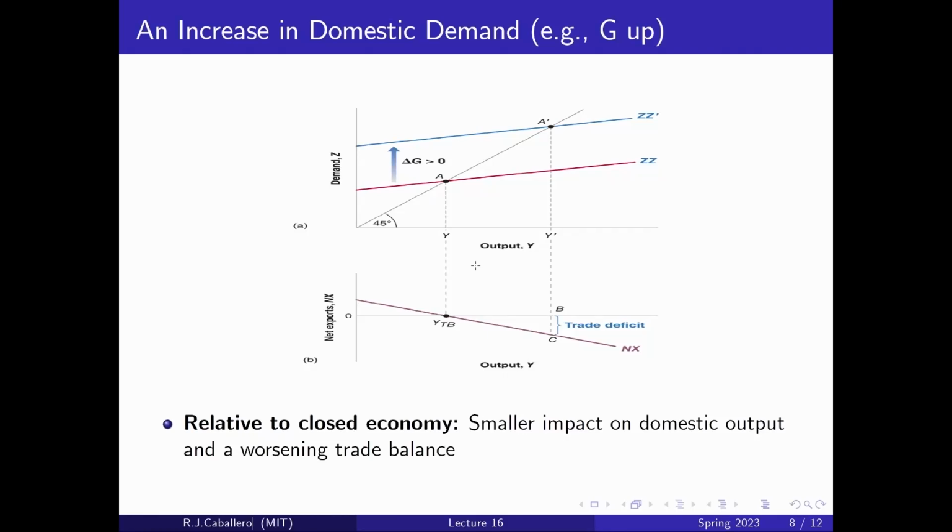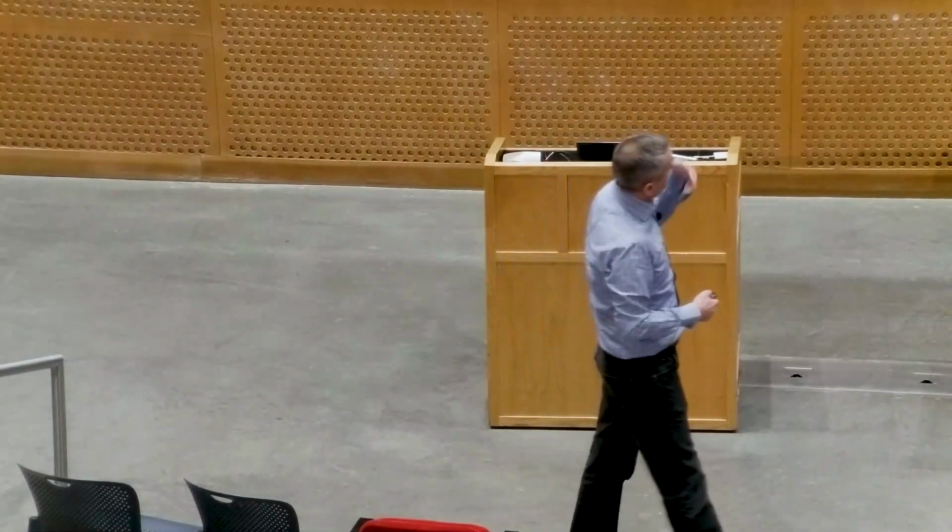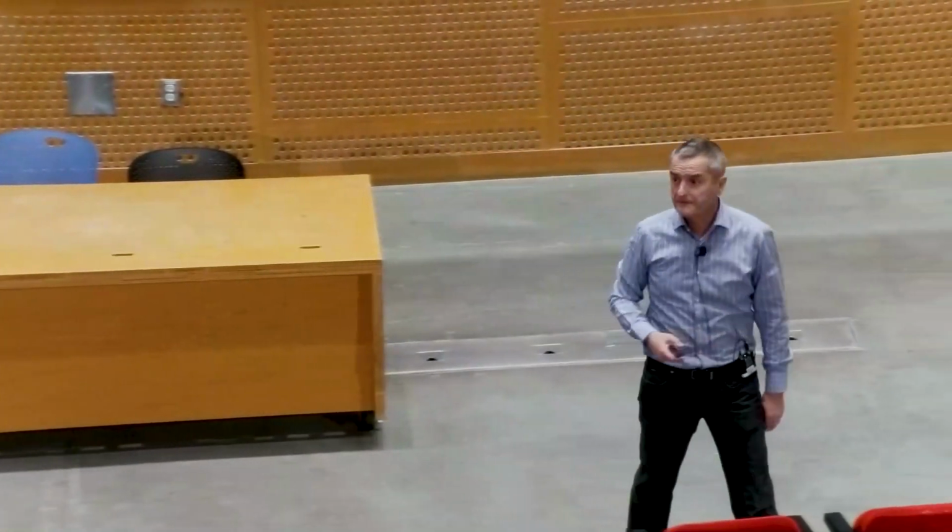And that's reflected in that the trade deficit, in this particular example, we start with a situation where the trade was balanced, net export was equal to 0, and we end up with a trade deficit. That trade deficit is exactly the same reason why we got a smaller multiplier, because part of the extra demand that comes from the extra income created by the additional expenditure, by the aggregate demand effect of additional expenditure, went to the demand for foreign goods. Okay?